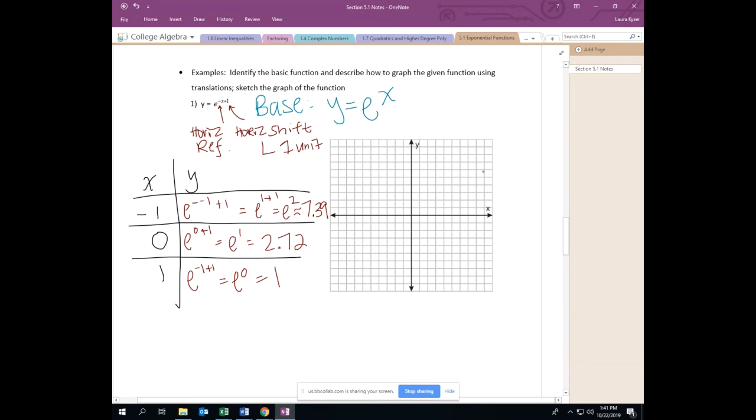So we can see from our points that we are starting off on the left-hand side high up at 7.3. So I'm at negative 1, 1, 2, 3, 4, 5, 6, 7.3-ish right there. Good enough. 0 is at 2.7, maybe right there. And then 1 is at 1.